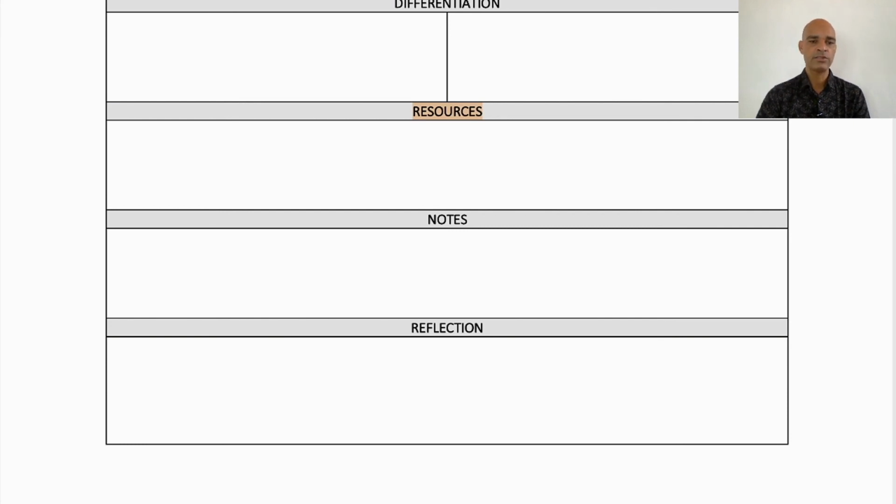Notes are any notes or reminders that you need to make to yourself before, as, or after you go through the lesson. And reflection is basically once you have finished the lesson and you know that you're probably going to need to teach this lesson again: what changes would you make to the lesson? What would you add?